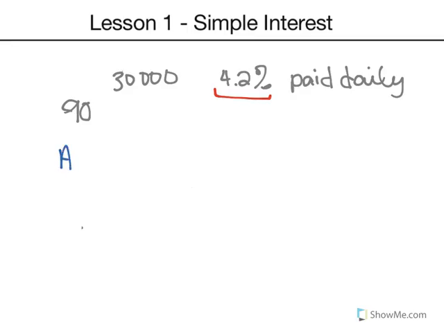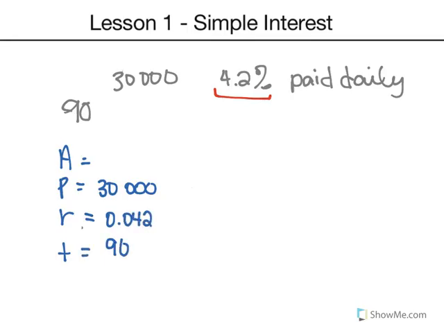So we have A, P, R, T. We don't know A. Our present value, our principal, is 30,000. Our rate is 0.042. And our term is 90 out of 365 days. So we have A is equal to P times 1 plus R times T. Getting ahead of myself.